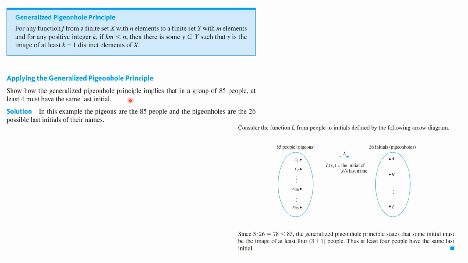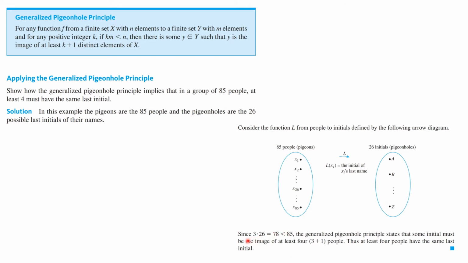Show how the generalized pigeonhole principle implies that in a group of 85 people, at least 4 must have the same last initial. Well, there are 85 people, and their last initials can run from A through Z, so there are 26 of these.